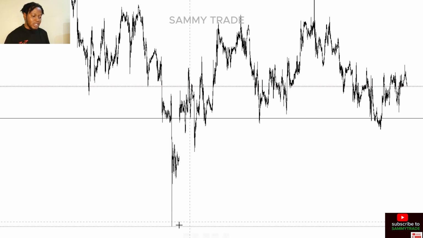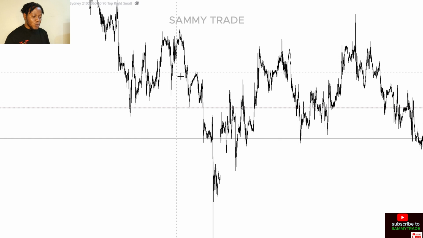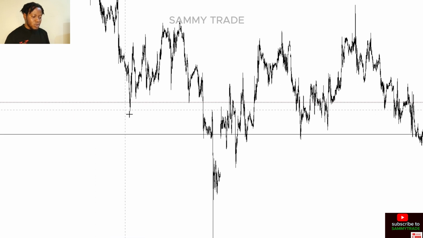You see what I keep saying? You won't consider this and this and this as a lower low because they are not breaking below this point. So here was where we had the main breakout structure to the downside right here.